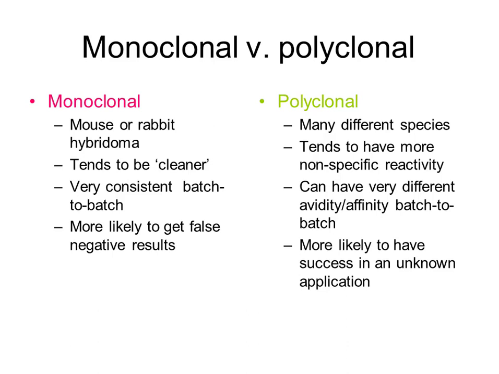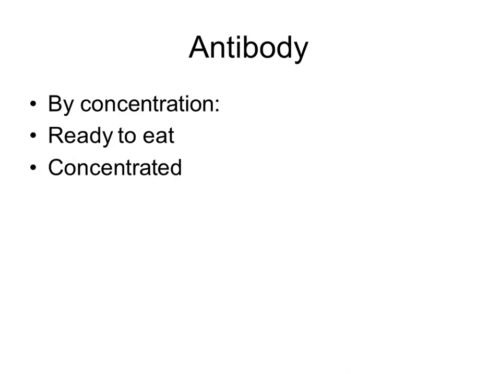Polyclonal is cheaper, but it sometimes has non-specific reactivity, but the affinity is better, so we have some pluses and minuses. Also, antibodies can be divided into ready-to-use and concentrated. Ready-to-use is when we can take it and use it directly, and concentrated we must dilute.